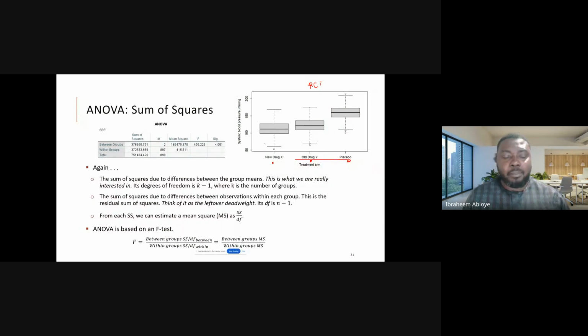Now you would calculate the between groups sum of squares, and then the within group sum of squares, and use that to derive the mean square and obtain the F statistic, and then read off the p-value. In this case, the way you interpret the p-value is the same way that you would interpret the p-value for t-tests, as we've seen in the past.